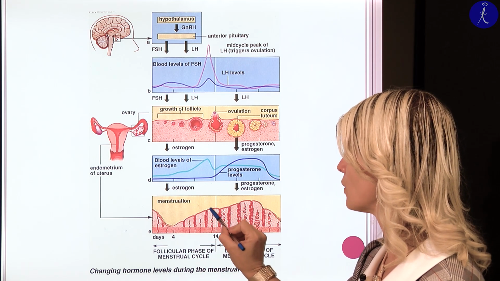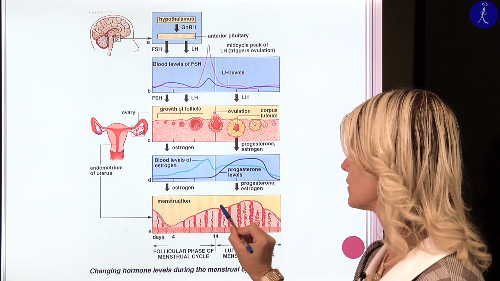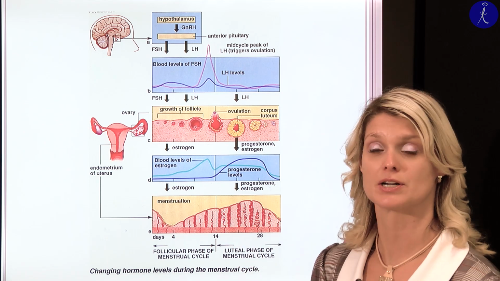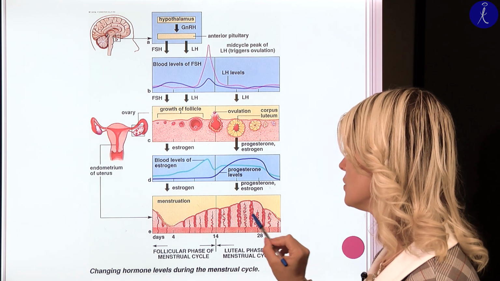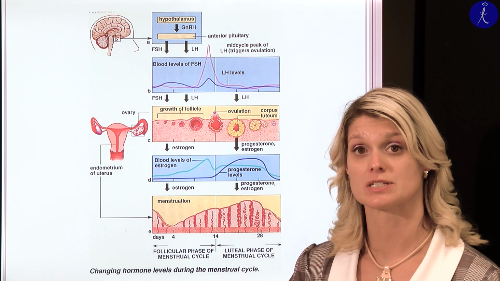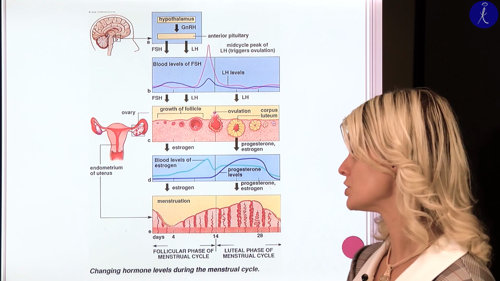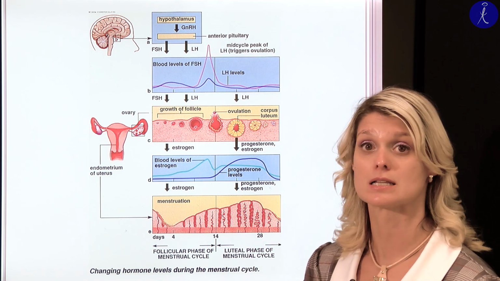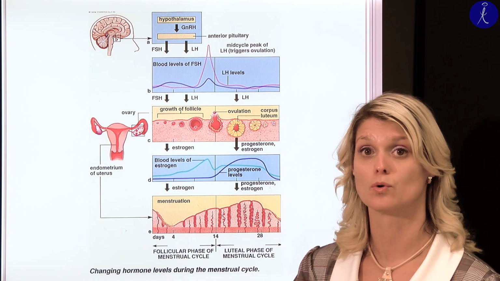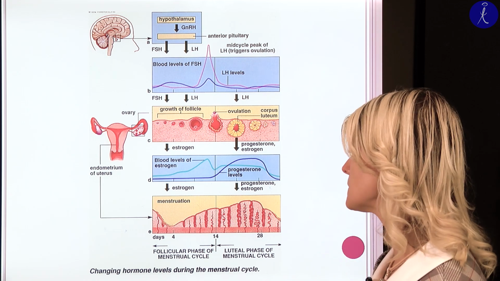And after the ovulation, because of the effect of progesterone, this functional layer will change. The glands will start to secrete nutrients, which will be stored within the cells of the endometrium. These are called the pre-deciduous cells.